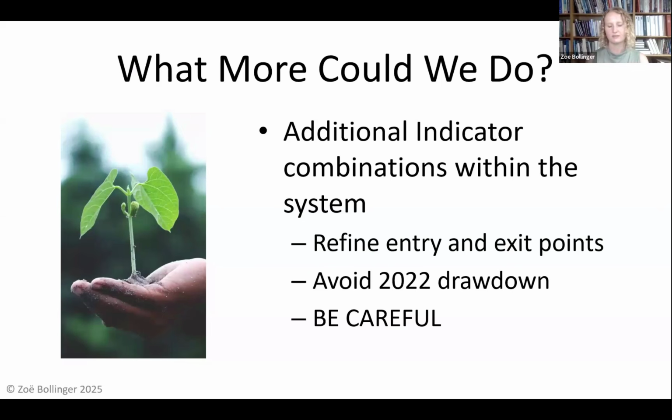Can add some confirmation. Maybe if XYZ is happening and bloodbath hasn't gotten me out, I should go out based on a different indicator. You can stack these in to help refine entry exit points, to help you avoid specific drawdowns. A little bit of a broken record here, but be careful that you're not over optimizing.